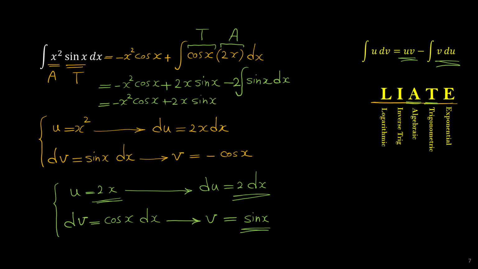Integral of sine of x dx is negative cosine of x, and if you multiply negative cosine of x in the negative 2, the answer is plus 2 cosine of x plus c. And so this is the answer of the given integral. Integral of x squared sine of x dx is negative x squared cosine of x plus 2x sine of x plus 2 cosine of x plus c.